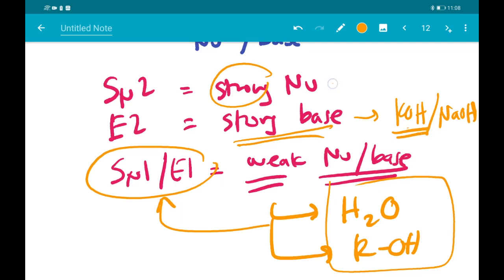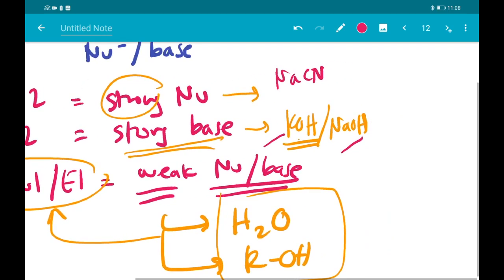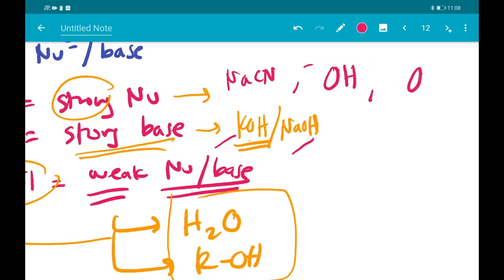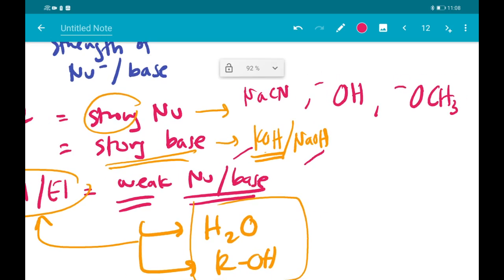Okay, for example of strong nucleophile, we can also say it is KOH, NaOH, it can also be NaCN, and other than that, species with negative charge such as OH negative, and of course we are going to have OCH3 negative. Okay, these are examples of a very strong nucleophile.